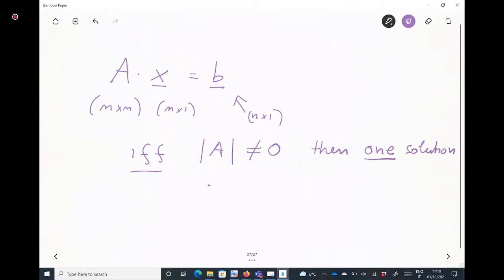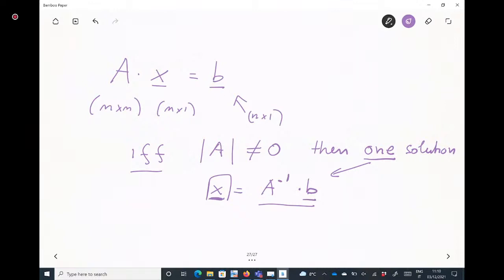This solution can be written in this way. Clearly, it is unique because it is the product of matrix A inverse times vector B. It is a unique solution.